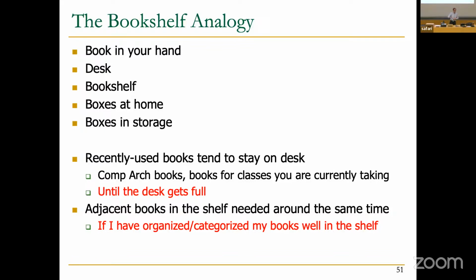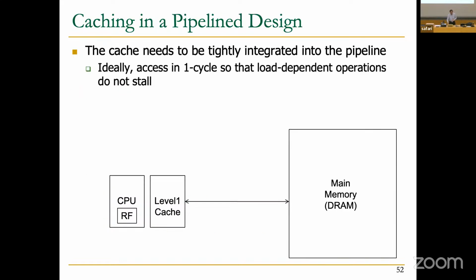You need to map your data in a manner that's consistent with your access pattern. Or the mapping of your data determines what kind of access pattern you get to your bookshelf. Is it random or is it sequential in a single shelf? Okay, so we can keep the analogy going, but that's not the purpose of this lecture.